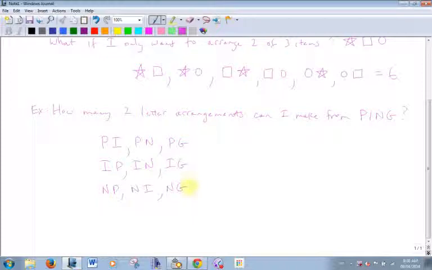Anyone see it? I got 3, 6, 9. That's the only letter I haven't chosen first. G. And then I could have P, could have I, and I could have N. Any other arrangements, or is that it? How many is that?